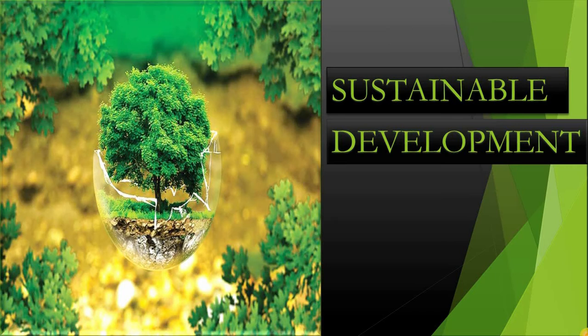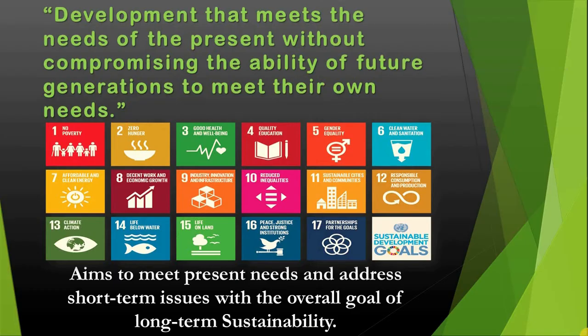The World Commission on Environment and Development in 1987 defined the term sustainable development as development that meets the needs of the present without compromising the ability of future generations to meet their own needs.